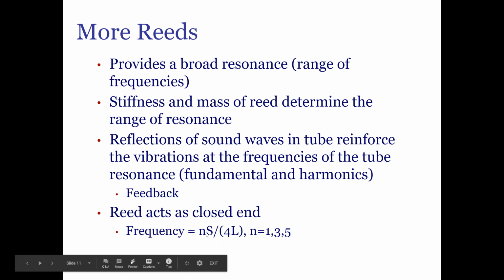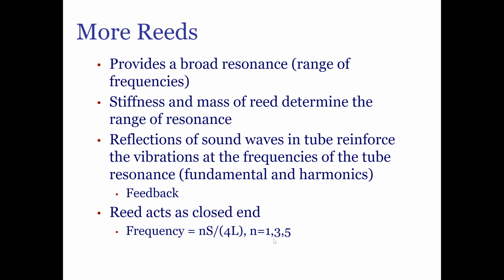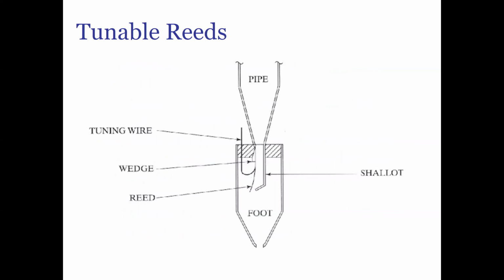So instead of having N times S over 2L with N = 1, 2, and so on, you get N times S over 4L, because the fundamental has a wavelength of 4L instead of 2L, and then only odd harmonics are expressed. Again, this is for a cylindrical instrument, something like a clarinet, and a lot of organ pipes that use this, but not for something like a saxophone or an oboe, which has a conical bore.